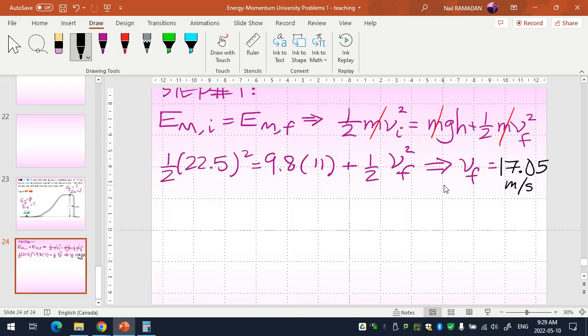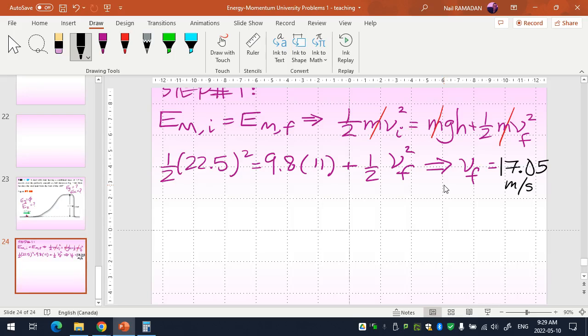Noura, what's the question asking for? How far means what? Distance. Can I use energy to solve for distance? No. I don't have EK equals half mv squared, EG equals mgh, so energy doesn't help me anymore.